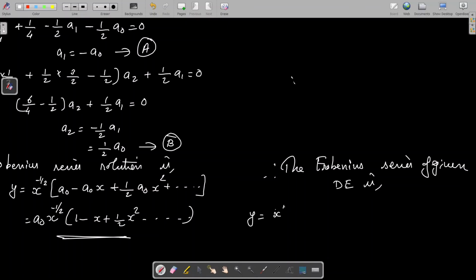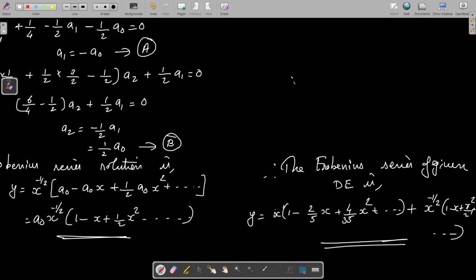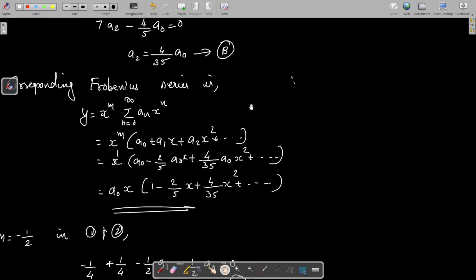So you may write x raised to 1 into 1 minus 2 by 5 x plus 4 by 5 x square, minus 4 by 35 x cube plus etc., plus the second expression, which was x raised to minus 1 by 2 into 1 minus x plus x square by 2 plus etc. So this is the general Frobenius series solution of the given differential equation. So please go through the method used here.